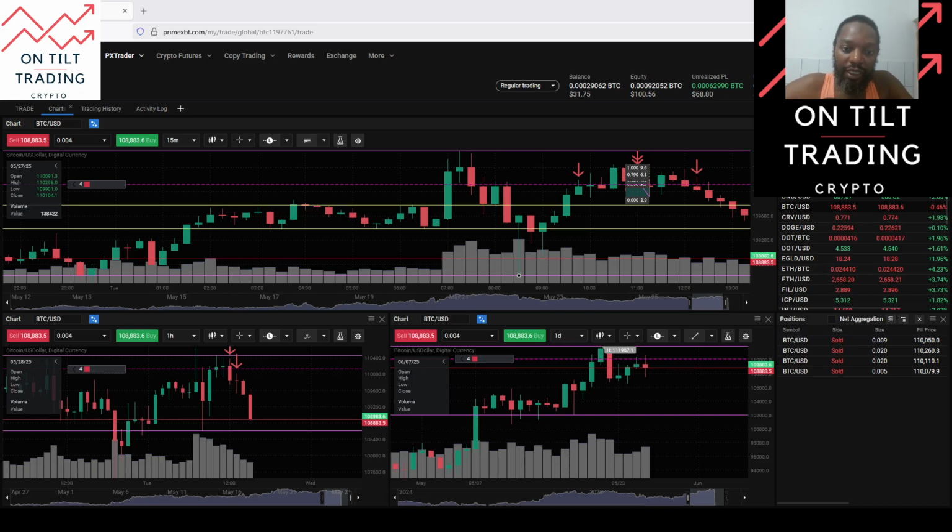This break of the strong low also coincides with these yellow lines, the opening structural range for the start of the New York session when I begin trading, which is an hour into the pre-market and an hour and a half into the actual market.